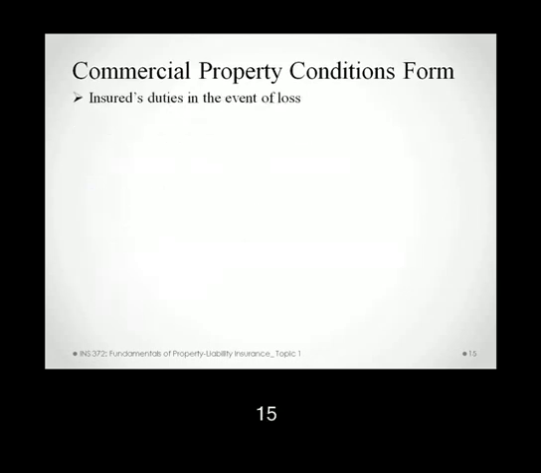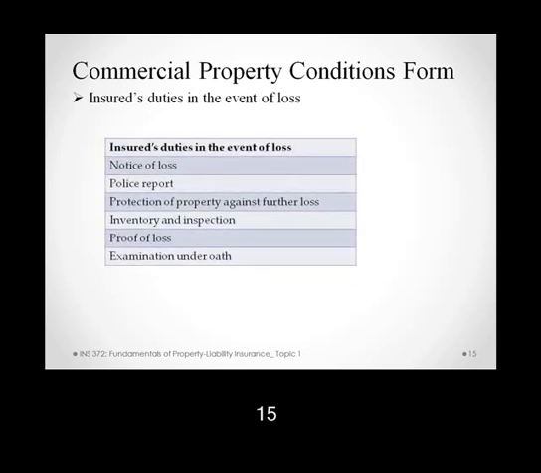If there is a loss, there are particular duties that the insured will need to perform. There is notice of loss, police report, protection of property against further loss, inventory and inspection, proof of loss, and examination under oath. Okay, so the first thing, notice of loss and police report.